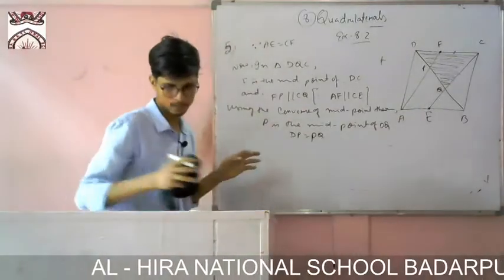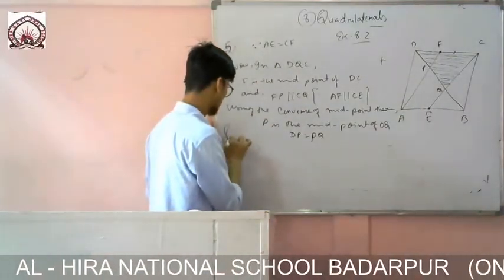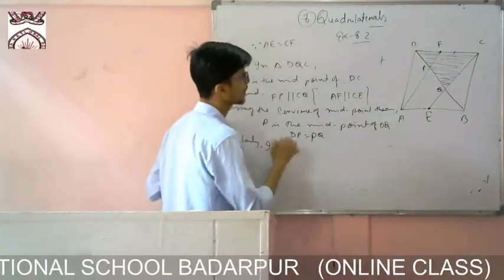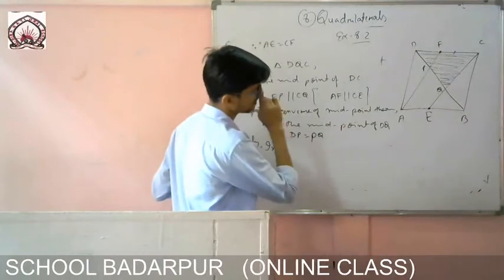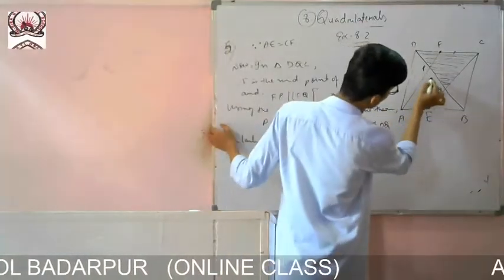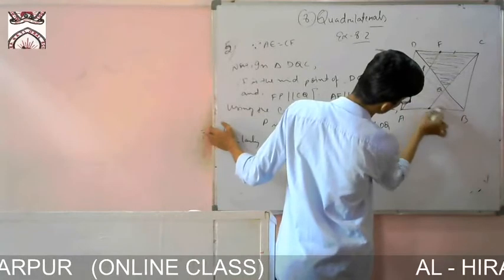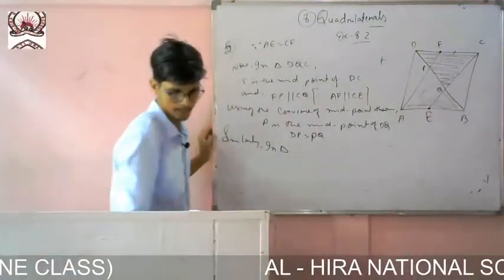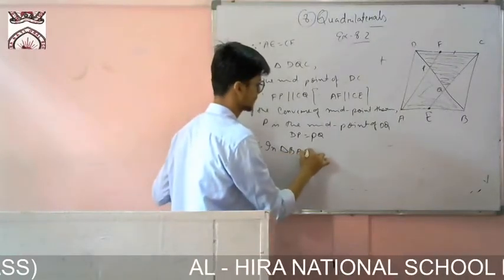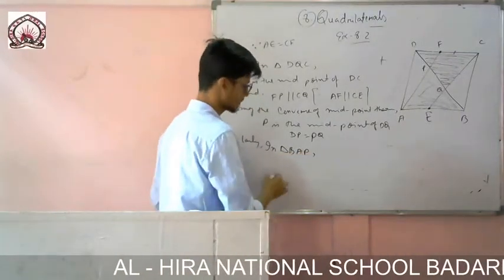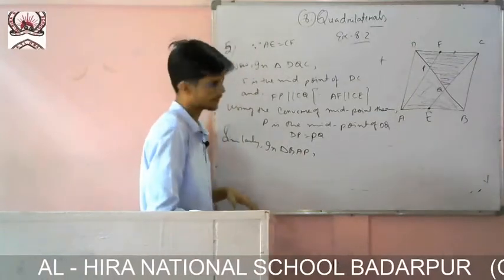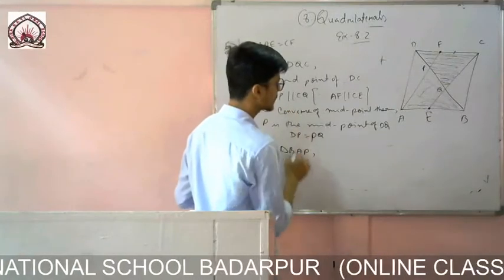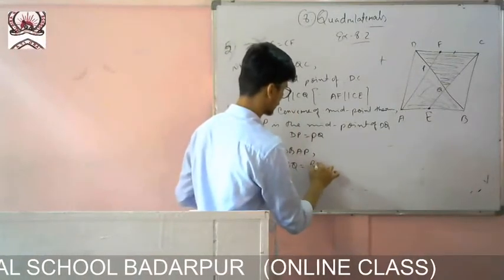So similarly, I can write for the other triangle also. Similarly in triangle BAP, I will get that BQ will be equal to PQ.